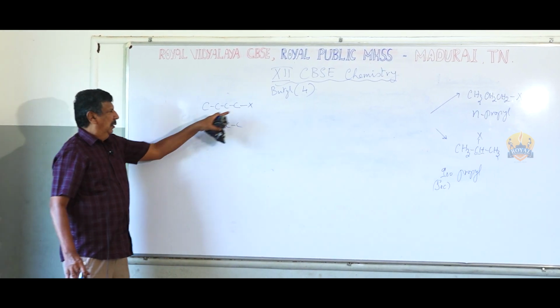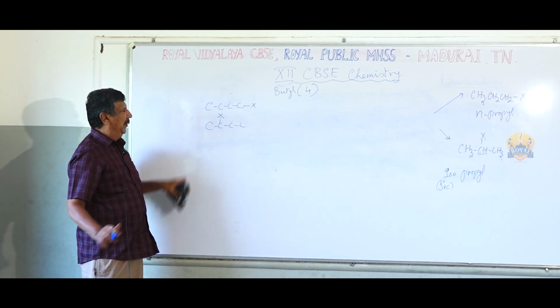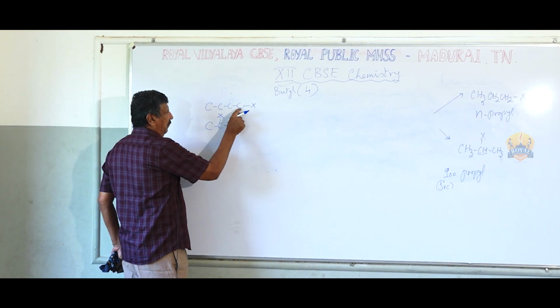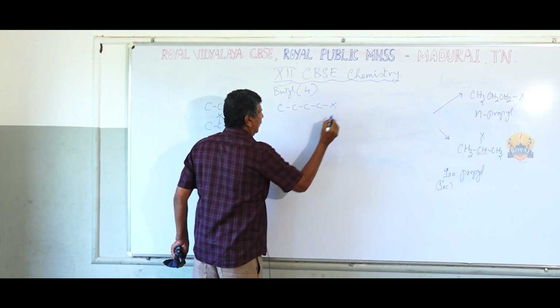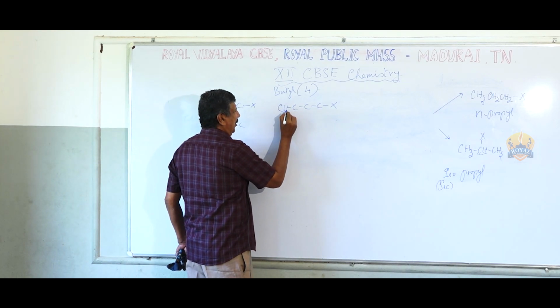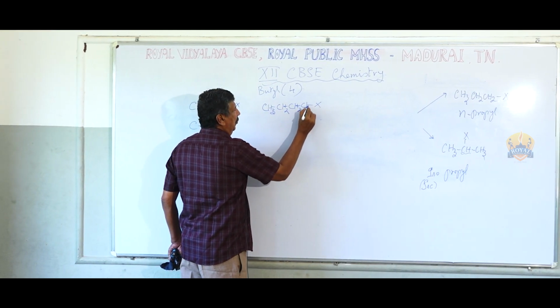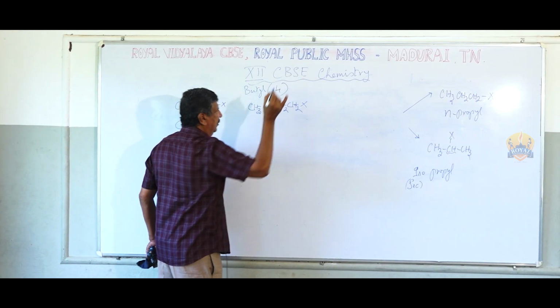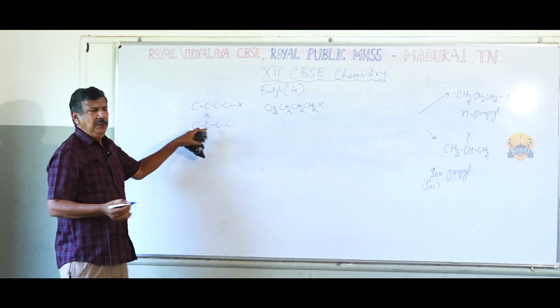There are 2 options, in the last or in the middle. I'll complete the skeleton form like this: 1, 2, 3, 4, X. How to complete? You all know. CH3, CH2, CH2, X. That's all.